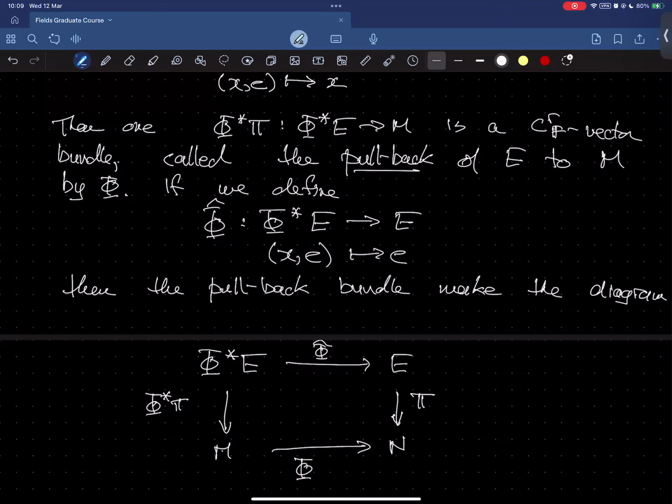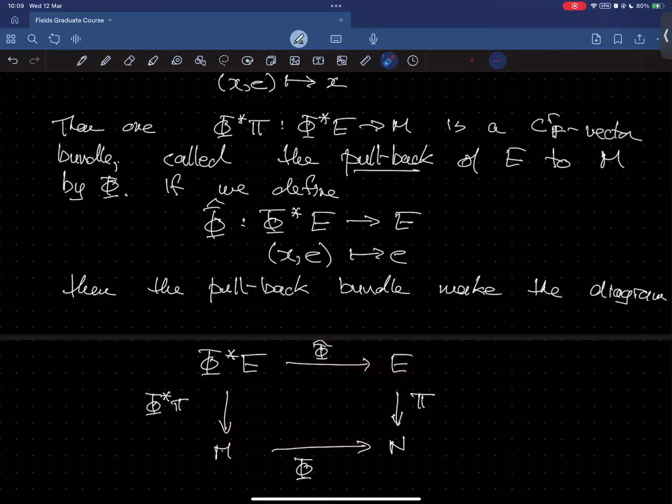Okay. All right. So you can verify just by the definition of all the symbols involved, the definition of this, this, and this, that this diagram commutes. Okay, so if you go like this, it's the same thing as going like that.